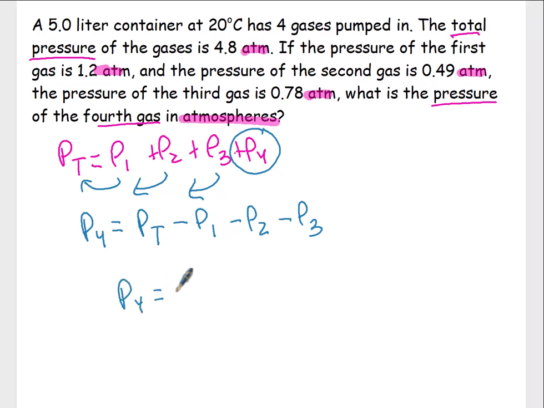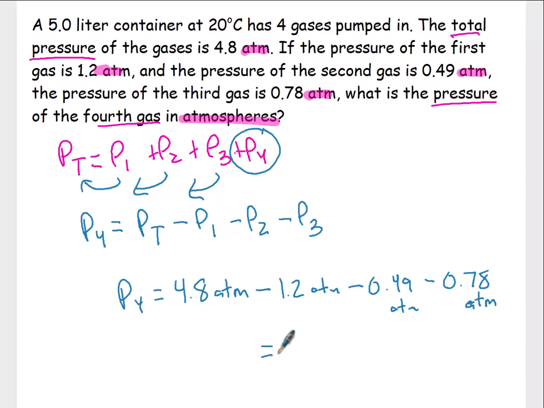The pressure of the fourth gas is equal to our total pressure, which is 4.8 ATM, minus the pressure of the first gas, which is 1.2 ATM, minus the pressure of the second gas, which is 0.49 ATM, minus the pressure of the third gas, which is 0.78 ATM. So to solve, we just need to subtract them. So I got 2.33 ATM.